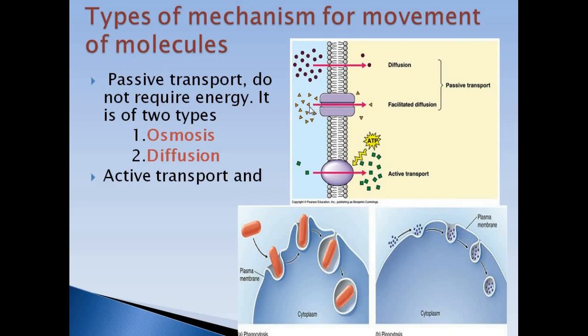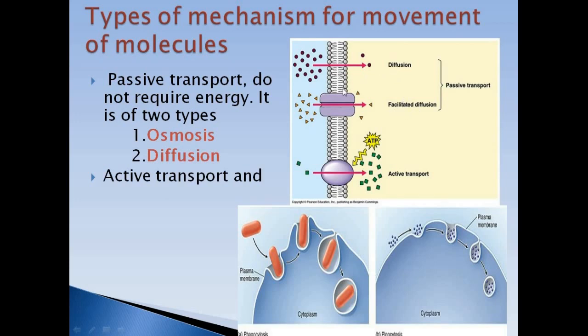This is the movement of those ions we just saw, which are not soluble in lipids, so they have to move through channels. But they also move according to the concentration gradient, from high towards low. So this is facilitated by proteins. That protein may be a channel protein or a carrier protein, so this is called facilitated diffusion.